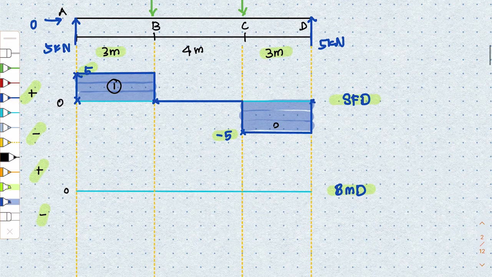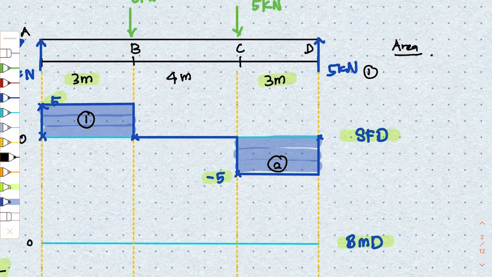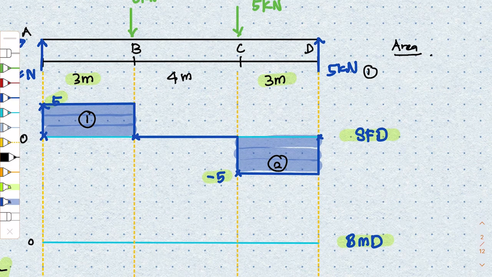1, 2. I name it like this, then it must be easier for us to calculate the area ataupun calculate the moment. So I get the first area, which is area number 1 dah. Okay. So we know that the force is here, 5 kilonewton. Darab dengan, okay, the distance is 3 meter. Ataupun macam kita kira rectangle kan, panjang darab tinggi.